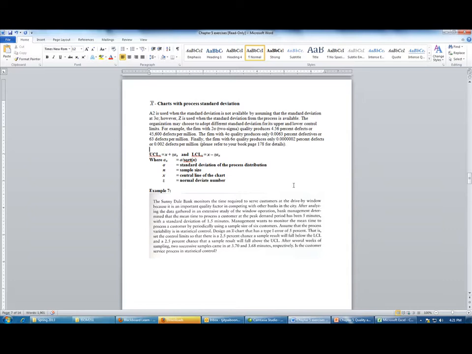In this situation, when the organization really knows their process standard deviation, the organization may use that information about the process standard deviation to construct the upper control limit and lower control limit.